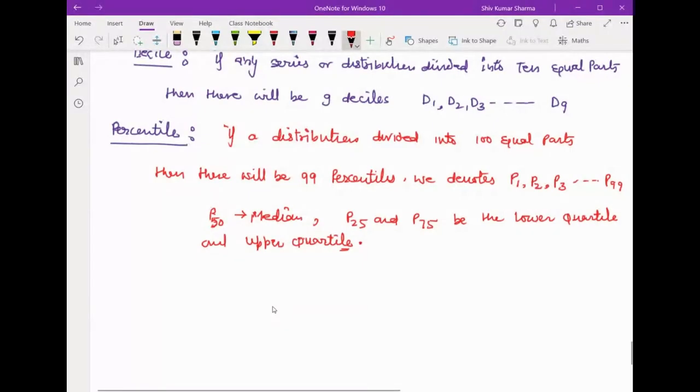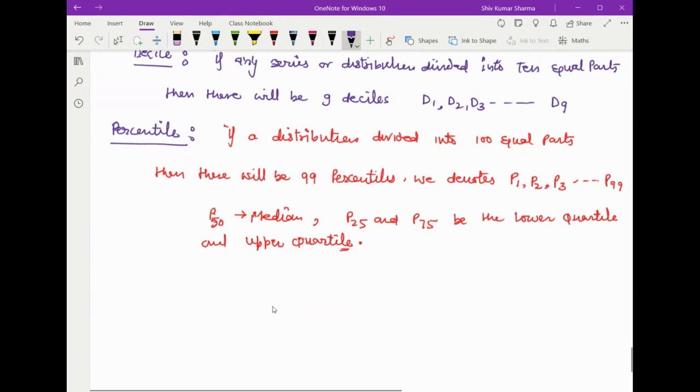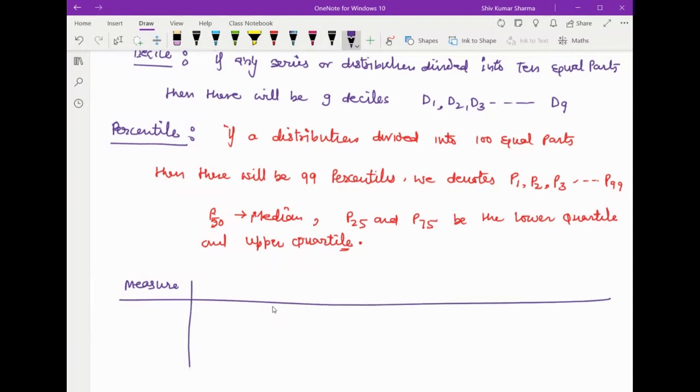Now we calculate all of these using the formula. First we construct a table.